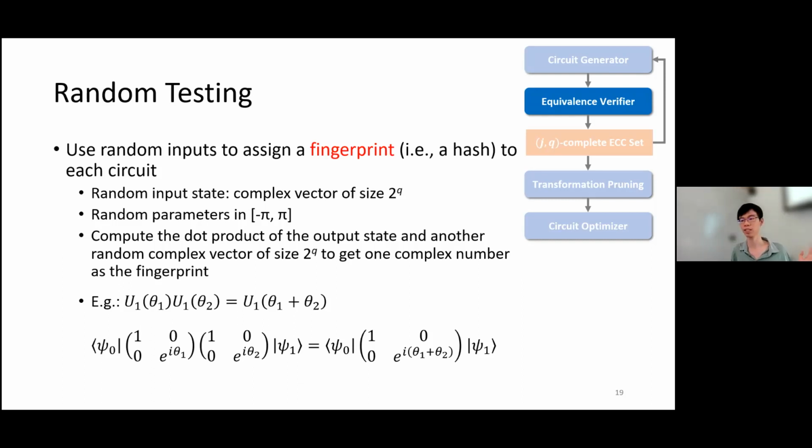Random testing is we assign random values for all parameters, and we also assign a random vector, a row vector at the beginning and a column vector at the end, to make the matrix into only one number. Okay, that's very common. And finally, you use the symbolic approach.